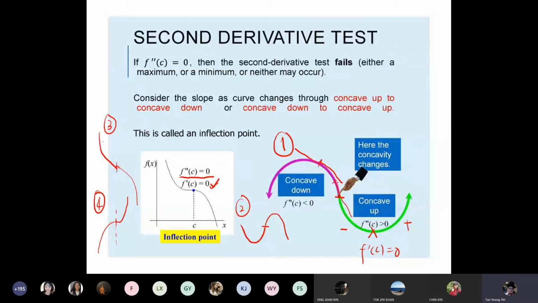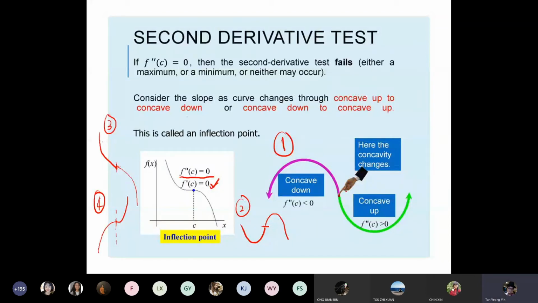Same slope or not? Not the same slope, but it's the same sign. Both are negative, but not the same value. So just the sign is the same, but not the value.